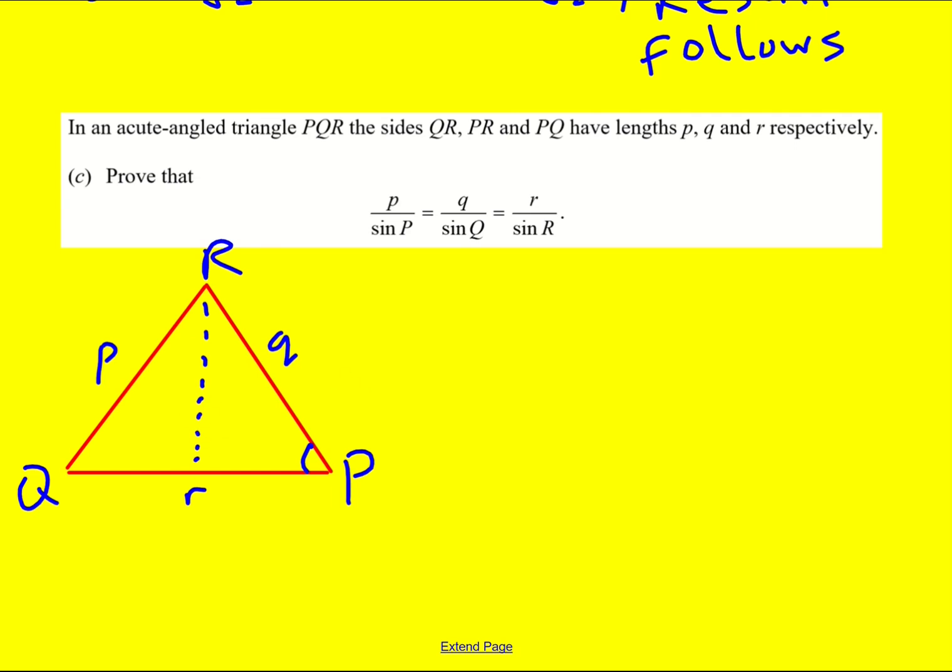Okay, and I want to somehow relate these sides using trigonometry. So I draw a line going down the middle, which is perpendicular to r. So there's a right angle here, and I'll split it into 2 triangles. And I'm going to call this h.